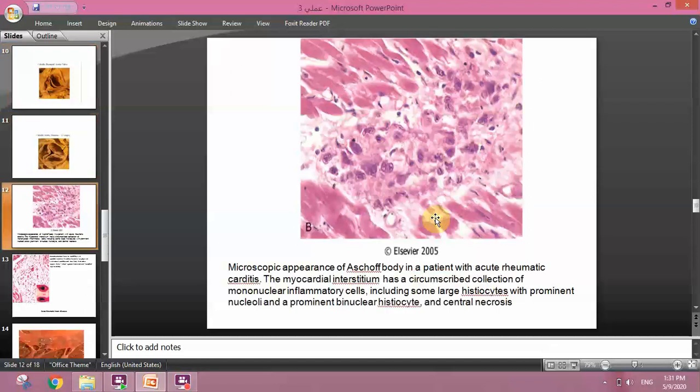This is the microscopic appearance of acute rheumatic myocarditis. Characteristically, there is an Aschoff body. This is an Aschoff body, a granulomatous reaction.